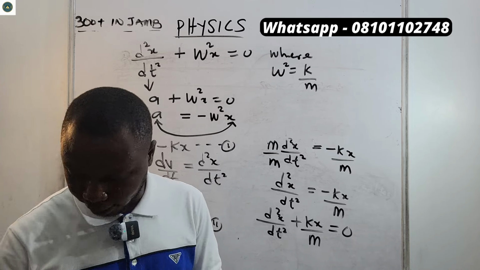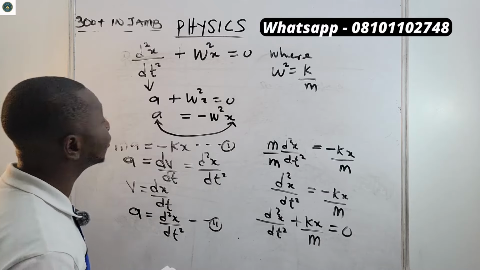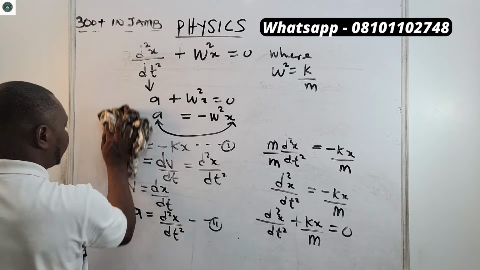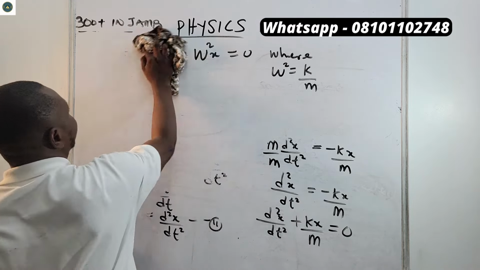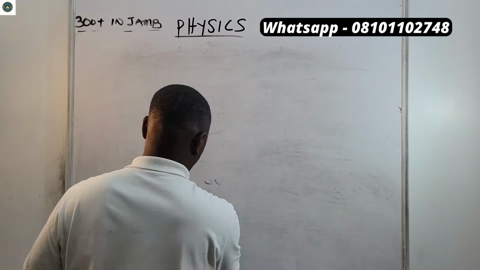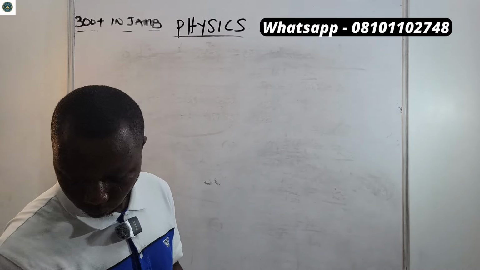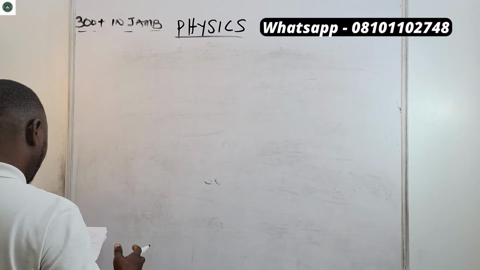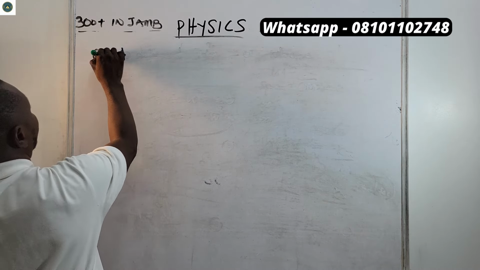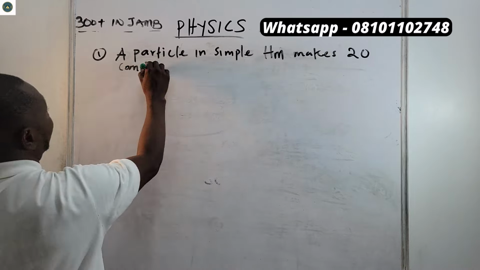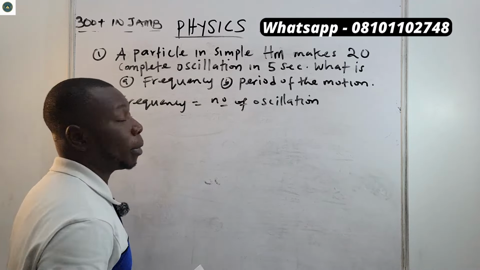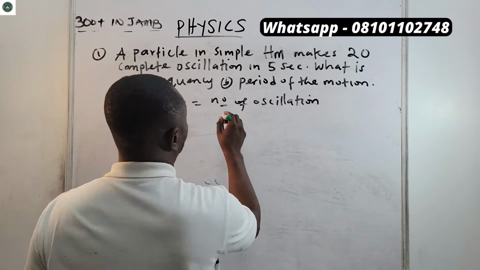Okay, let's see some problems. Let's solve some problems and some formulas to be noted. Now we have a question here. It says, a particle makes a number of oscillations per time.